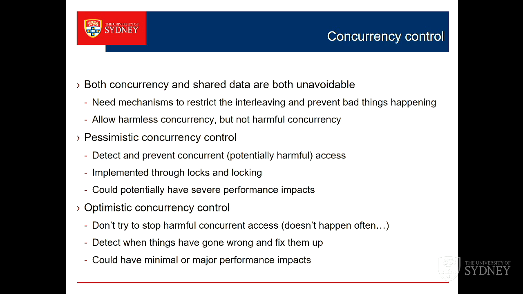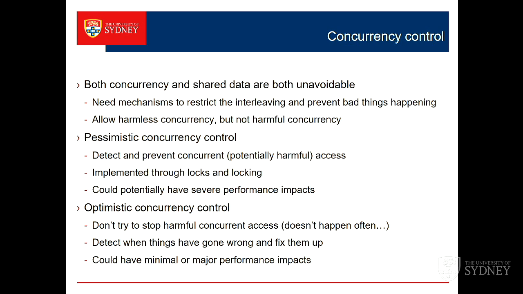And there are two general classes, one of which is, we'll talk about, pessimistic concurrency control, where I have some form of mechanism, I'll talk about them next obviously, where we are going to prevent bad concurrent access to data.